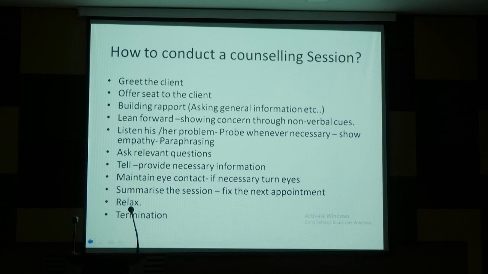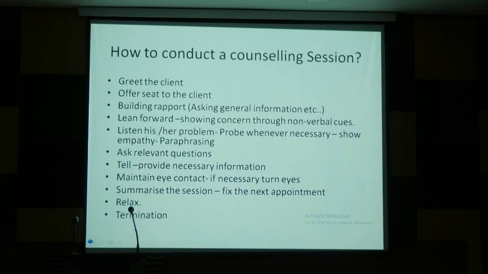Then, listening to his or her problem. Whatever they say, if something is not clear to you, or he is hesitant to tell something, you listen carefully.